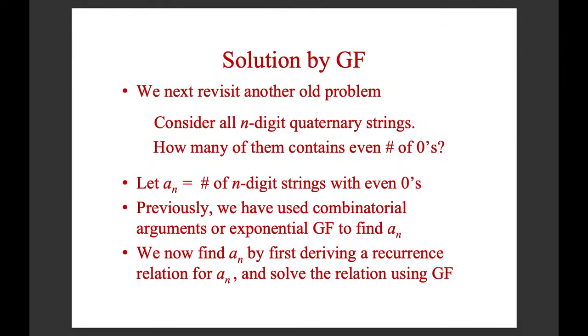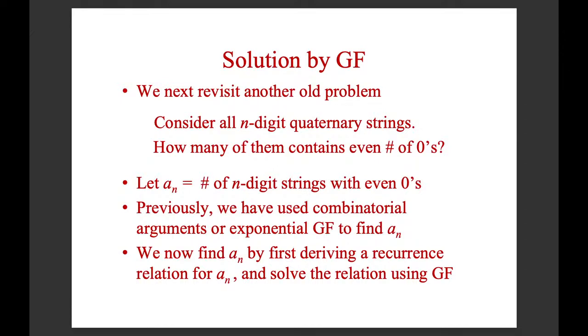another example here is, let us take a look at this string problem. We look at n-digit quaternary strings, so each character comes from 0, 1, 2, or 3. We want to find out how many of them contain an even number of zeros.